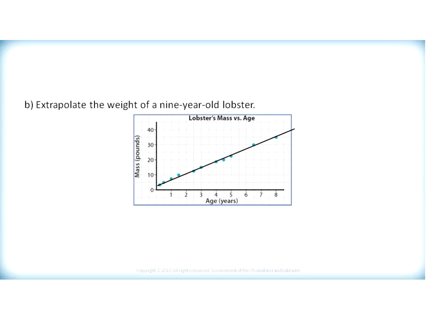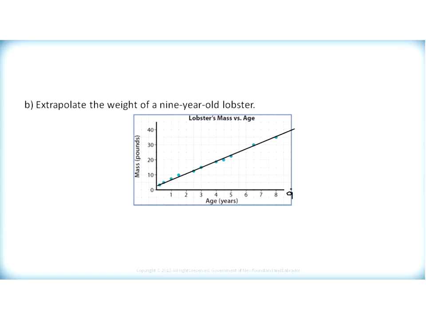Extrapolate the weight of a 9-year-old lobster. Well, you can see that every 2 grid lines is equal to 1 year. So 9 would be about right here. So this is 9 years of age right here.